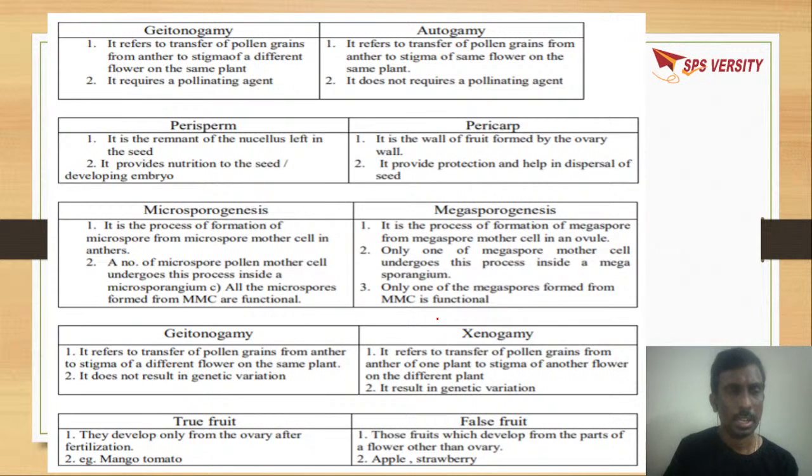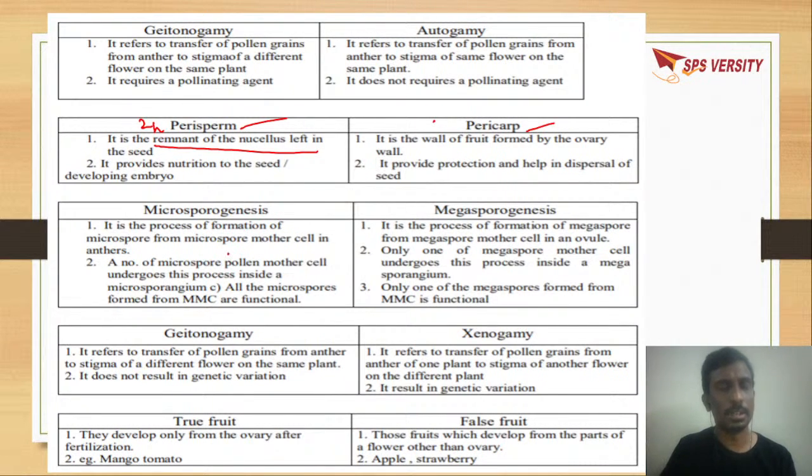So these are differences between different concepts which we have covered, like geitonogamy and autogamy. Perisperm and pericarp: perisperm is the remnant of nucellus, which is diploid, and pericarp is the fruit wall.